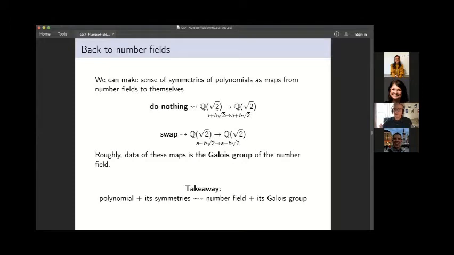And so the main idea you should take away from all this is that if you want to think about questions in the world of polynomials where you can think about their symmetries, you can translate any question you have over there to a question about number fields and their attached Galois groups. And this, it turns out, for a variety of reasons, is really advantageous. In particular, the theory of number fields is very rich and deep, and number theorists have been thinking about it for a long time. So there are a lot more tools and structure over there that can help you answer your question from the polynomial world.